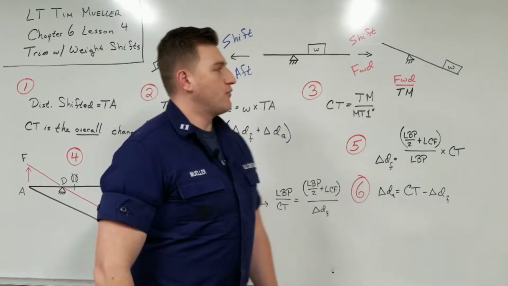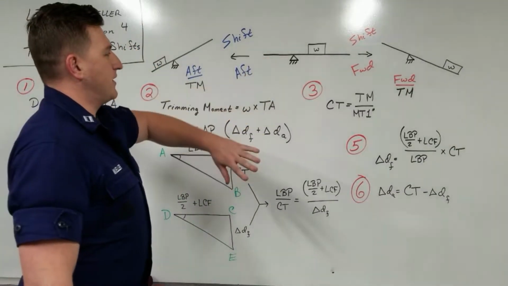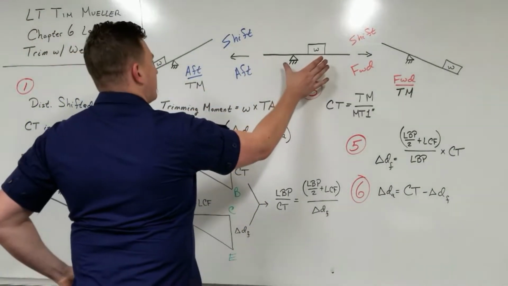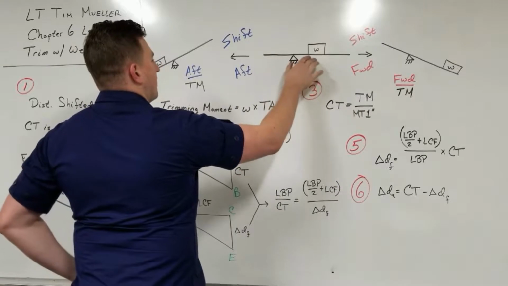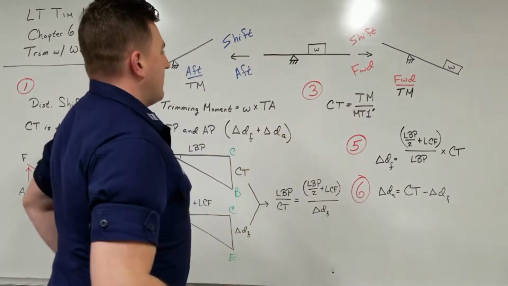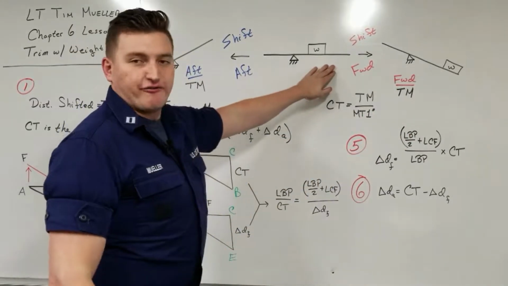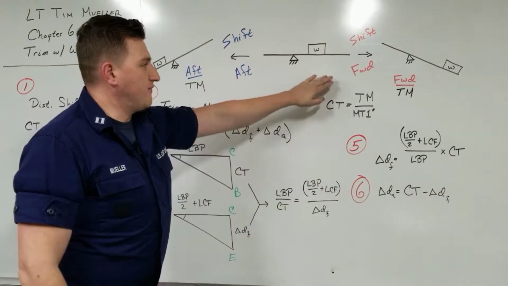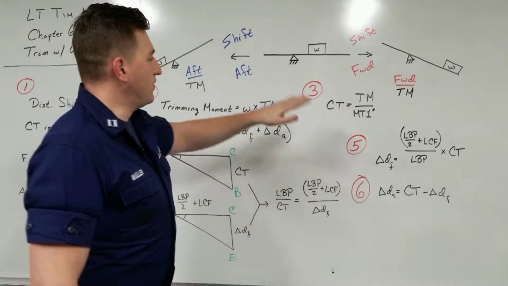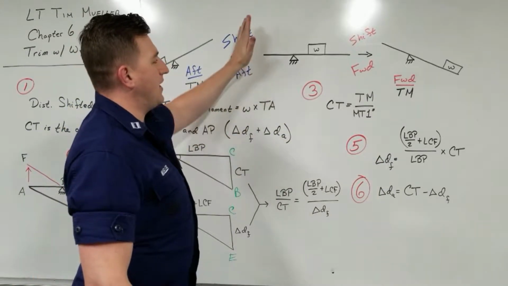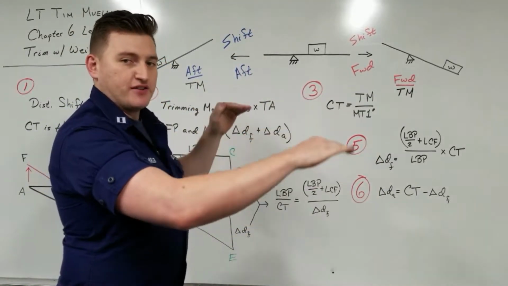So first off, we have to think about what's happening to the ship. If we start here, this is just our ship with a weight on it somewhere. Now, if we shift the weight forward, we know that that forward part of the ship is going to sink. And if the ship is completely rigid, we know that the aft end is going to pop up. They always move opposite of each other.